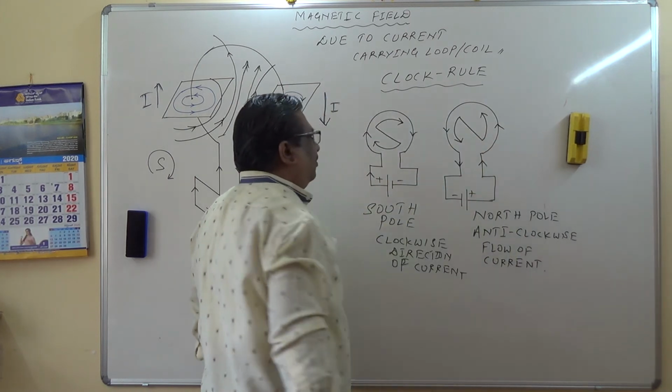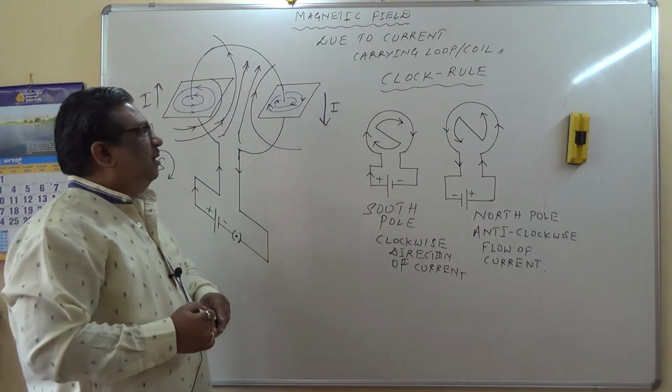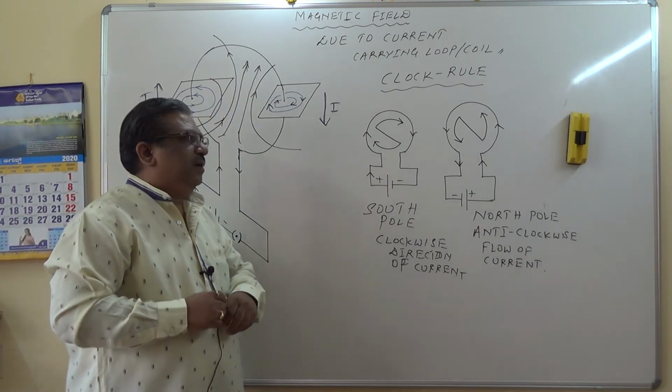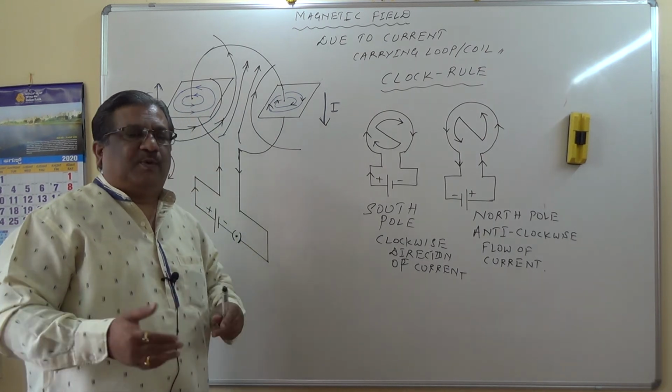Okay, north pole for anti-clockwise. So are you able to remember the clock rules now? Okay, now without a clock rule, how would you be able to remember the south pole and north pole?